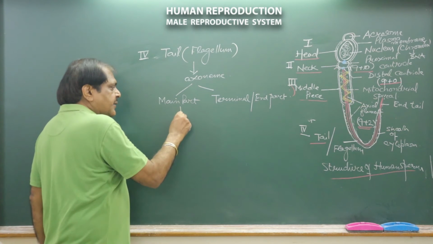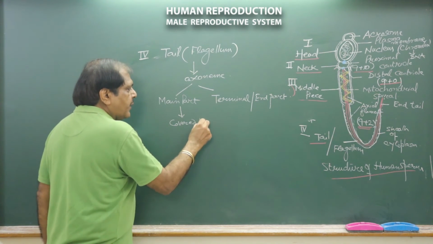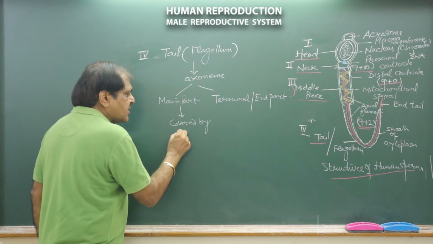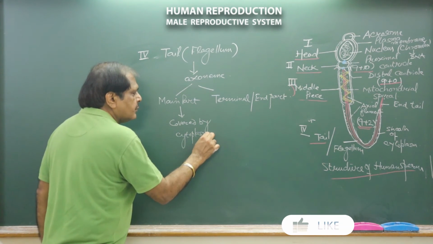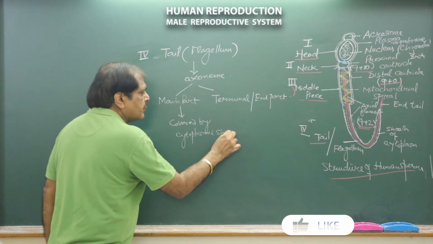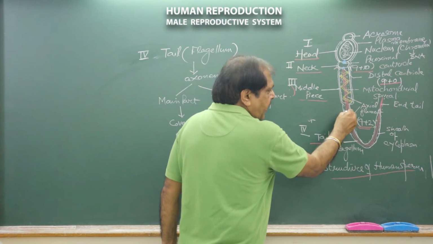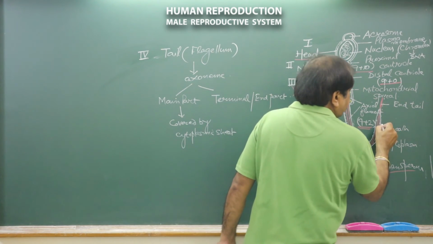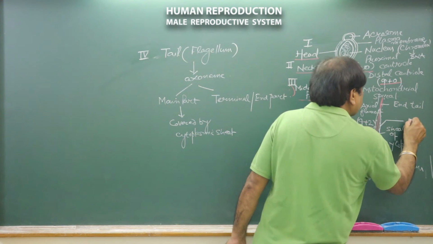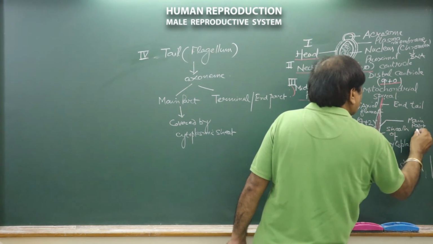The main part is covered by a cytoplasmic sheath. This one is the main part of the tail.